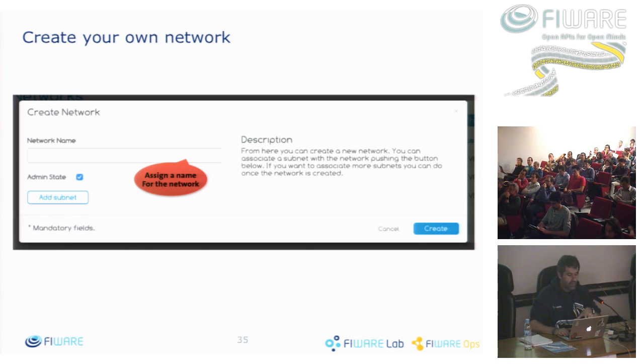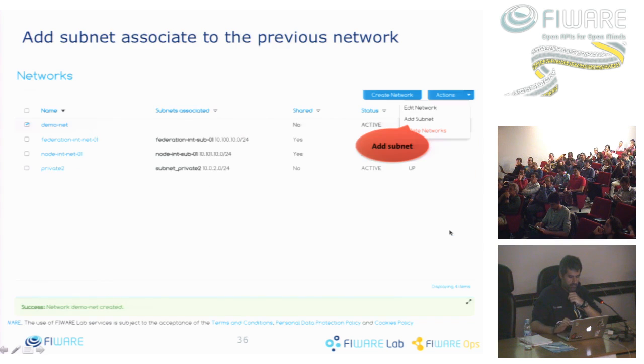You don't need to do anything else at the moment. Leave admin state and leave add subnet. You can do it here, but I prefer to explain. I click on create, and you create your new network. In this case, DemoNet is the name I am using.